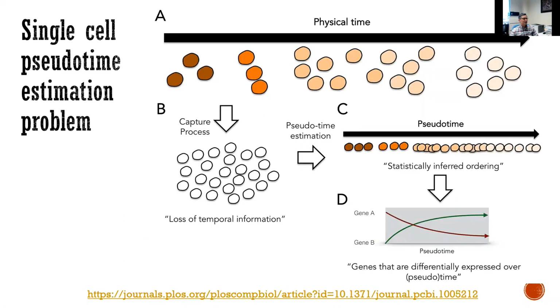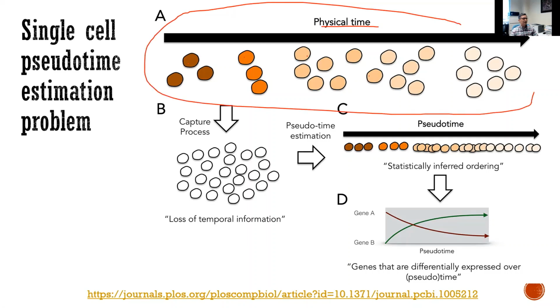To further illustrate it, in real development you may have cells at different physical time points, but you collect this sample and pool them, and that's the single-cell RNA-seq experiment. In this process, you lose this temporal information.